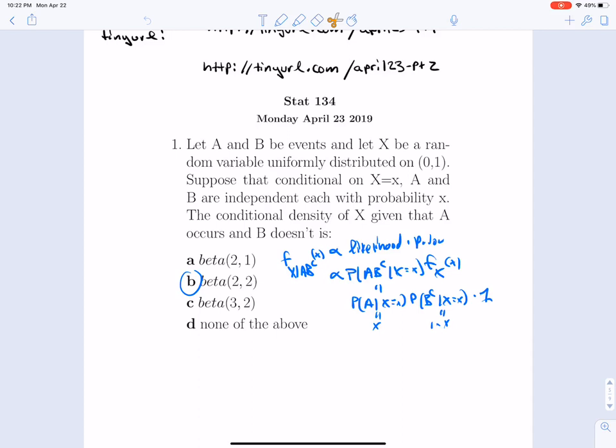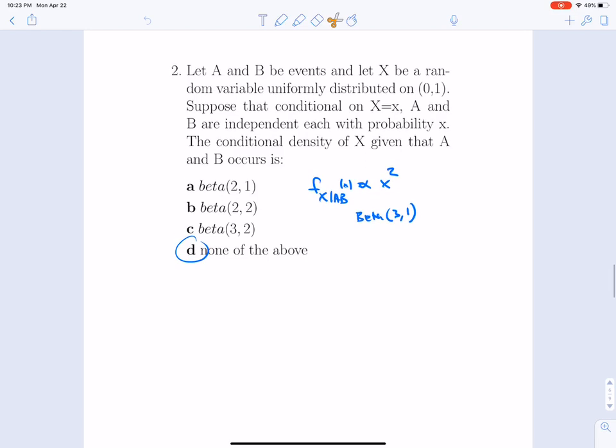Suppose that conditional on X, A and B are independent, each with probability X. The conditional density of X, given that A occurs and B doesn't, is, so the answer was beta 2, 2, and you can tell this because the likelihood, the probability of A, B complement given X, factorizes, and you just get X times 1 minus X, which is the variable part of a beta 2, 2. Another one here had a variable part that was X squared, so we had beta 3, 1.